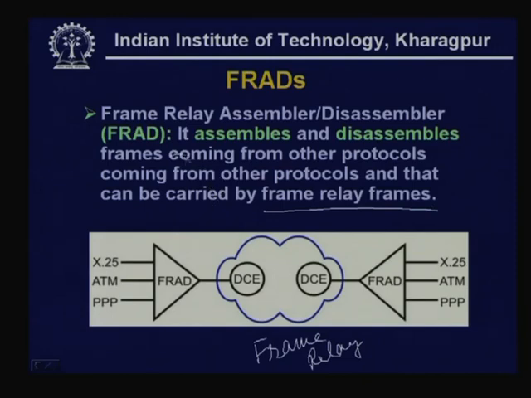So, frame relay assembler disassembler, its function is it assembles and disassembles frames coming from other protocols, and that can be carried by frame relay frames. So, this functionality is provided so that it can be made compatible with X.25, ATM and other packet switch networks.